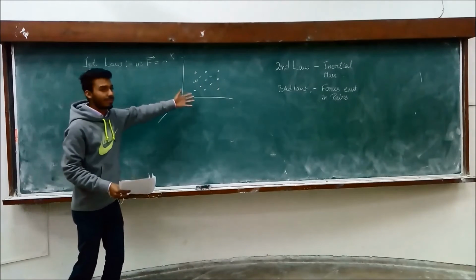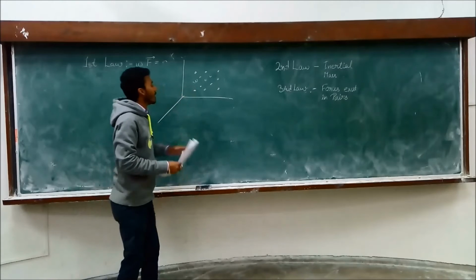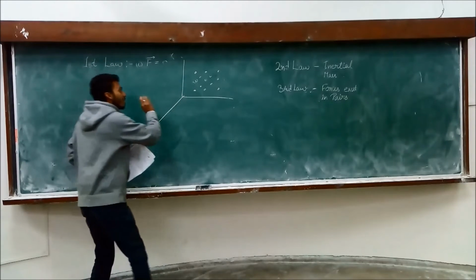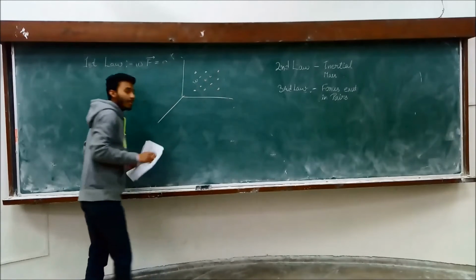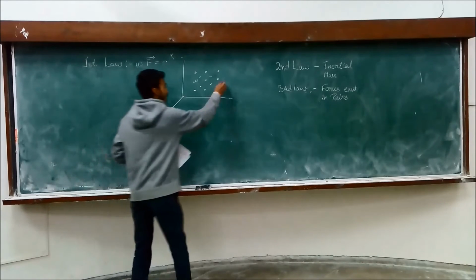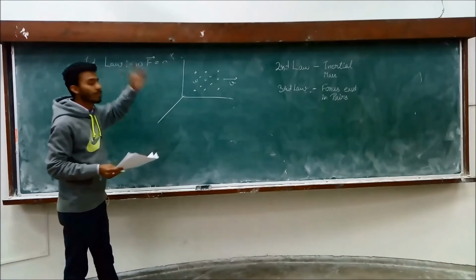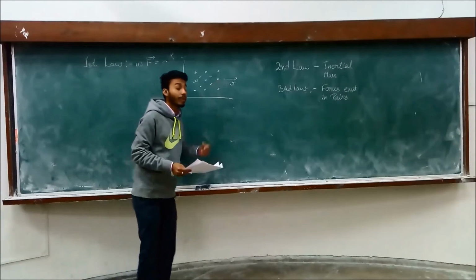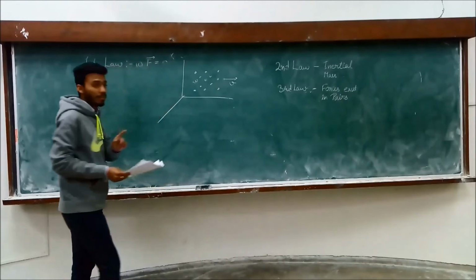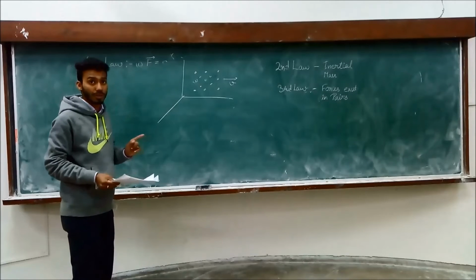So in an inertial reference frame, we can say that if one of the particles is moving in the right direction with some velocity v, then all particles should move in that direction with the same velocity v. We can't find a single particle which has a zigzag motion.